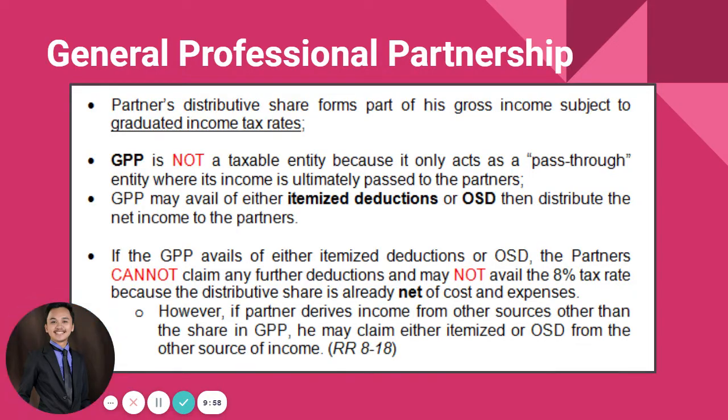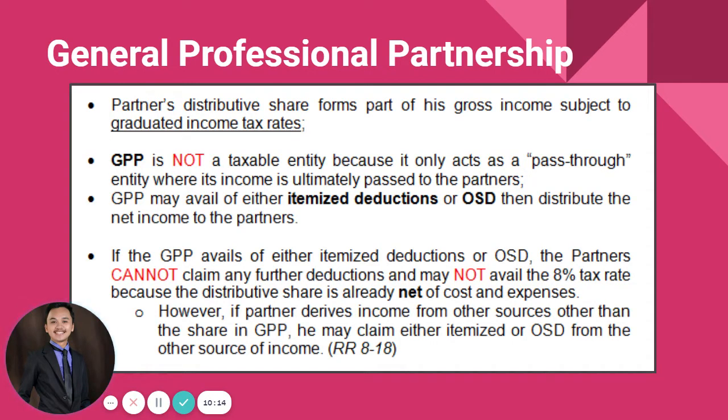Okay? Additional points that we need to consider in a general professional partnership: the partner's distributive share forms part of his gross income, as we mentioned earlier, subject to graduated income tax rates.